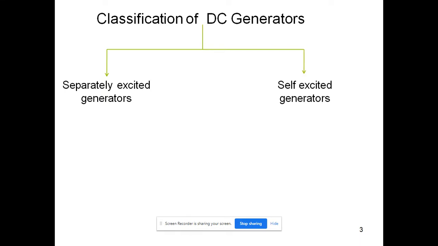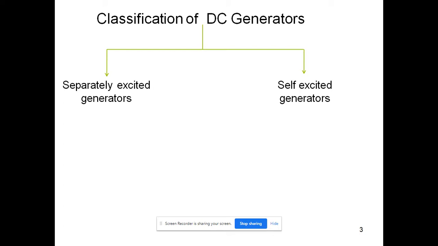And the second one is self excited DC generators. Self excited means the excitation which this generator is using is produced by this generator itself.